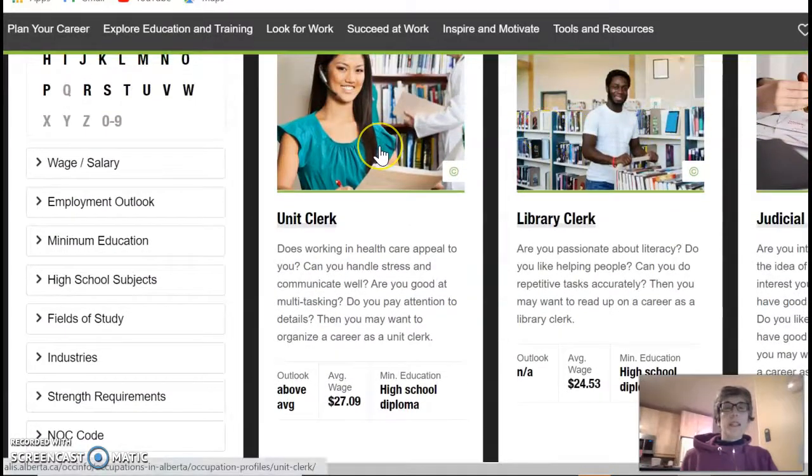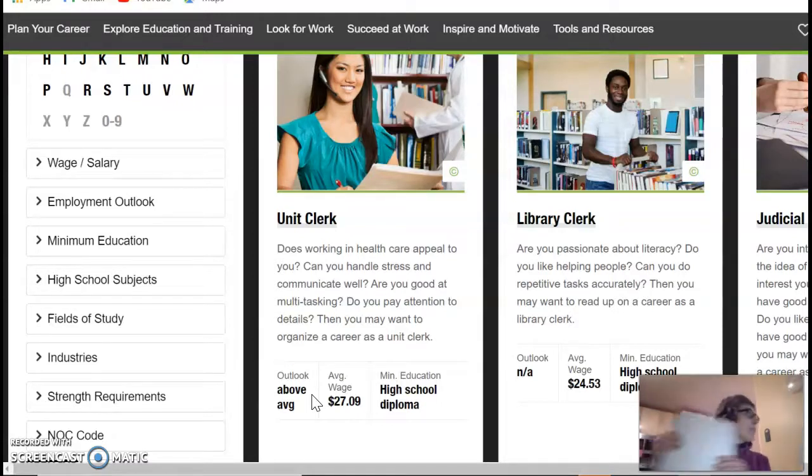So right here, I can see that I've got the answers to some of my questions already. So question number 1, what is the name of the job? Unit clerk. Number 2, what is the average wage and salary? So I can see that the average wage, that means how much you make every hour, is $27.09.